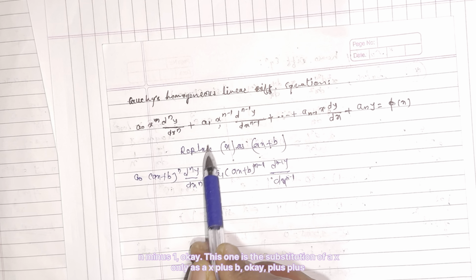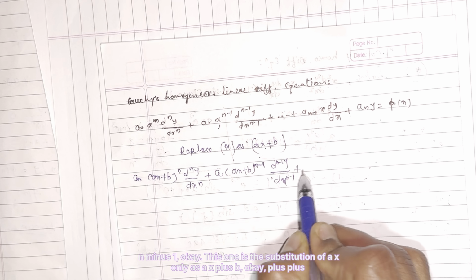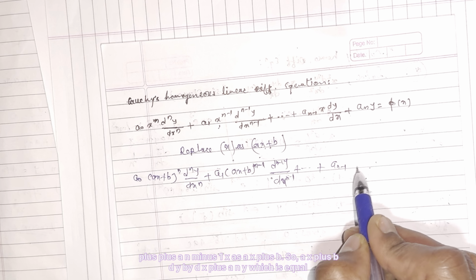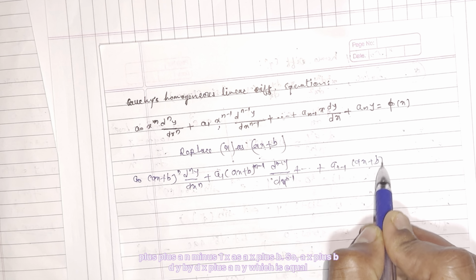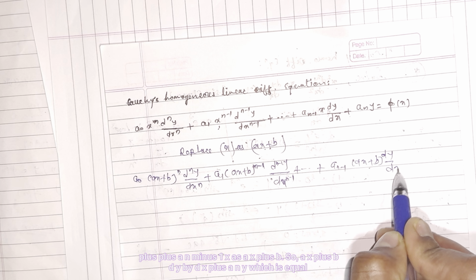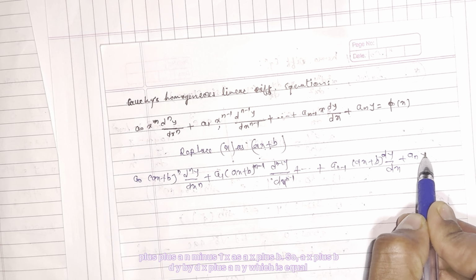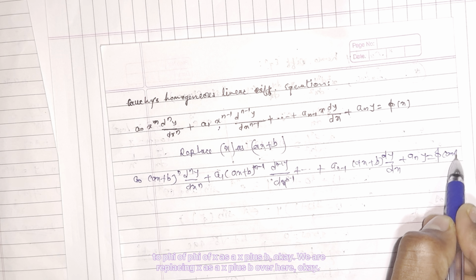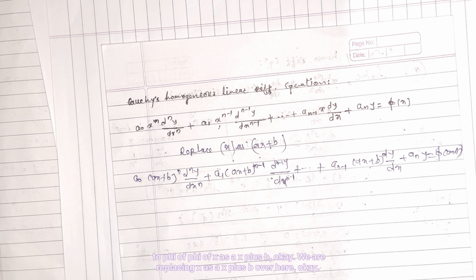This one is the substitution of x only as ax plus b. Plus, and so on, a n minus 1 times ax plus b dy by dx plus an y, which is equal to phi of ax plus b. We are replacing x as ax plus b over here, so this is the completely replaced form.